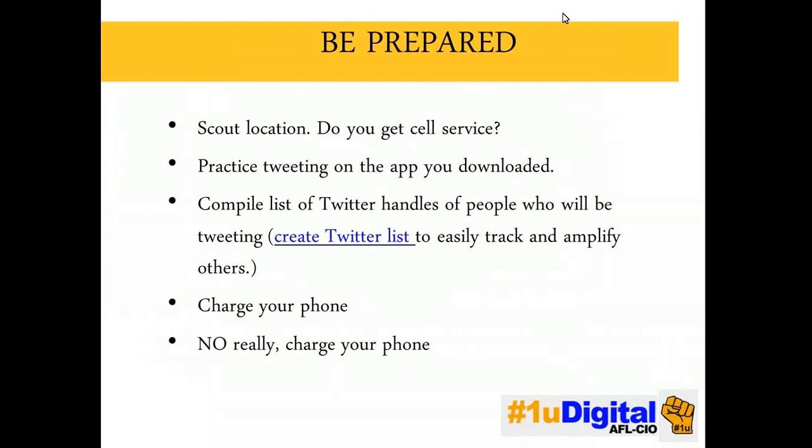And oftentimes you'll find that on one side of the room you get better service than others. So taking a few moments to go around and make sure that you've got a decent cell signal is well worth it. And if there's wireless available, scouting that out ahead of time is often a very productive use of your time.